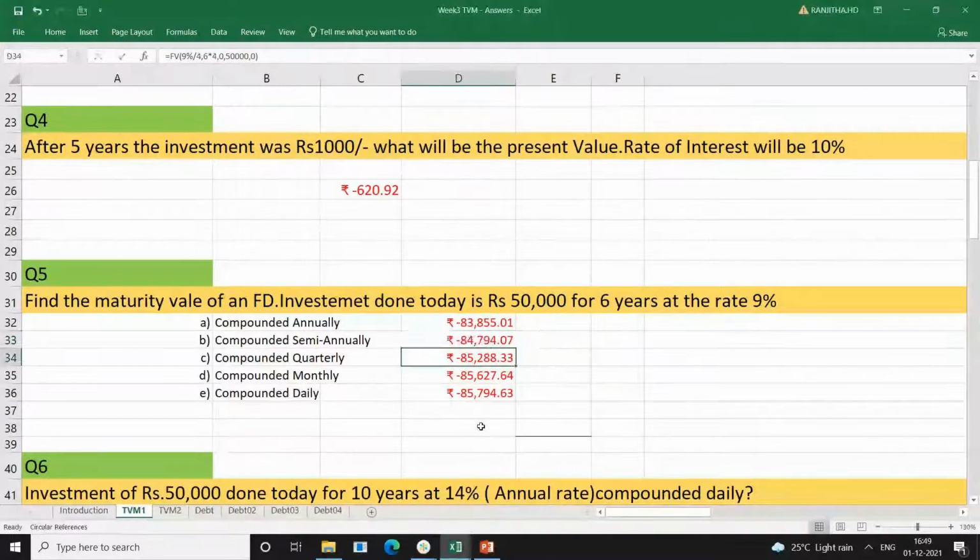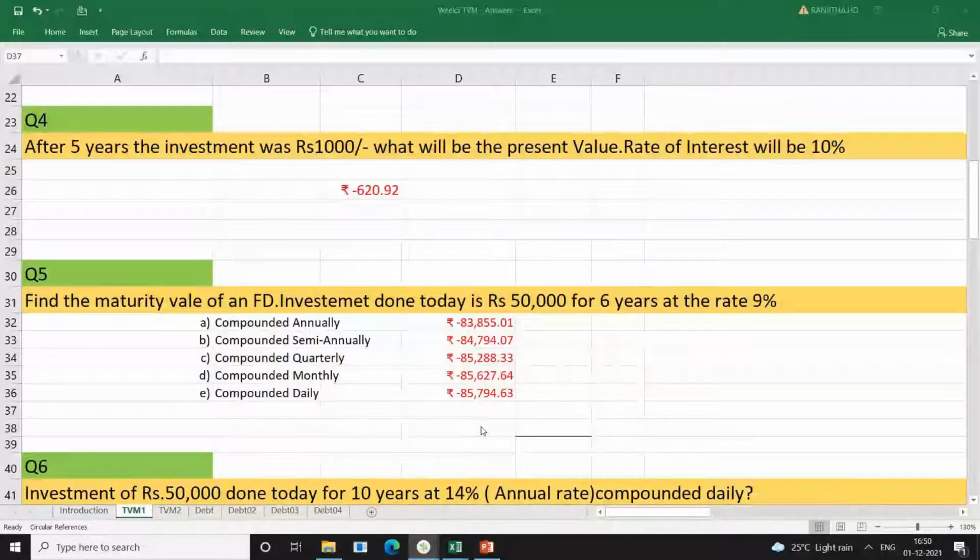So next, if it is for quarterly, 4. If it is monthly, then I need to consider 12. If it is compounded daily, then I need to consider 365.